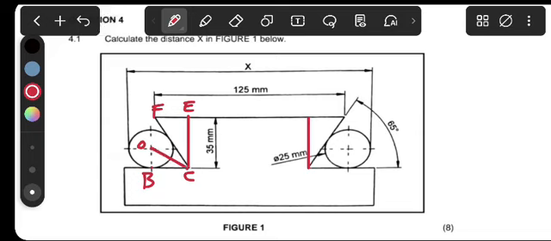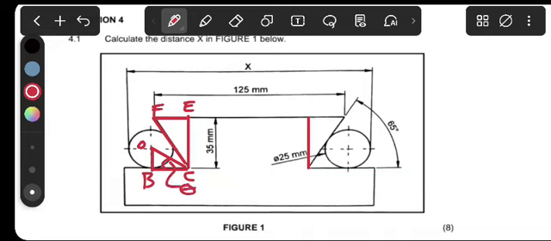If I do that, we will have some triangles. Also here I have a triangle. As you can see, I formed two triangles there. I can call this angle here theta.